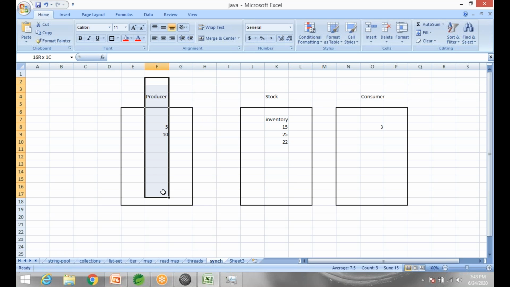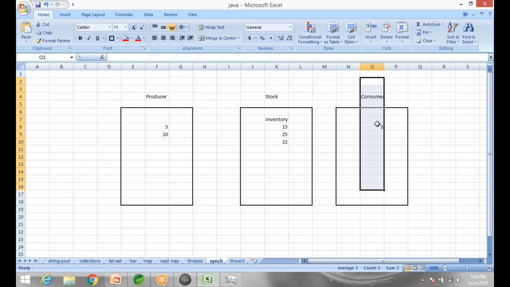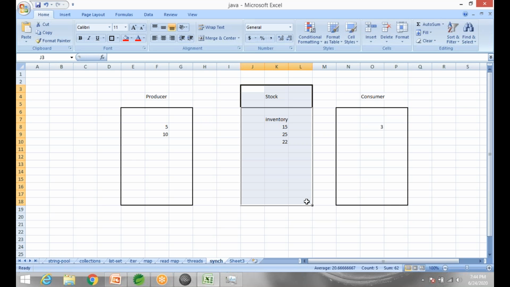Okay, so there are two thread programs, a producer program and a consumer program. They both are going to make changes to this shared object. Now, going back to our reference class, do you guys remember how two programs can share the same object?